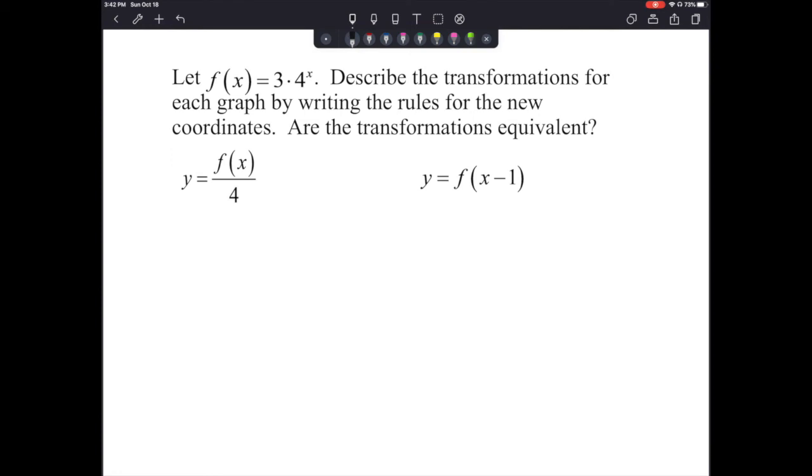The first one they give us is y equals f of x divided by 4. So it looks like we're taking our function f of x from above and dividing it by 4, which would be like a vertical compression.